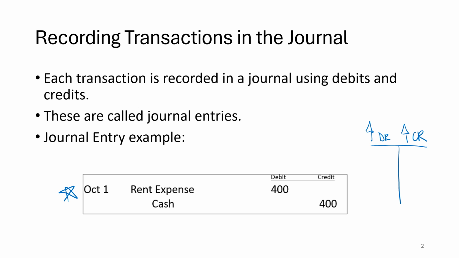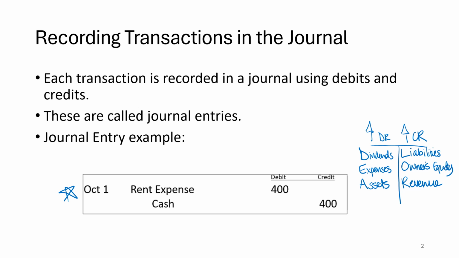The mnemonic is DEALOR. D is for dividends. E is for expenses. A is for assets. L is for liabilities. O is for owner's equity. R is for revenue.